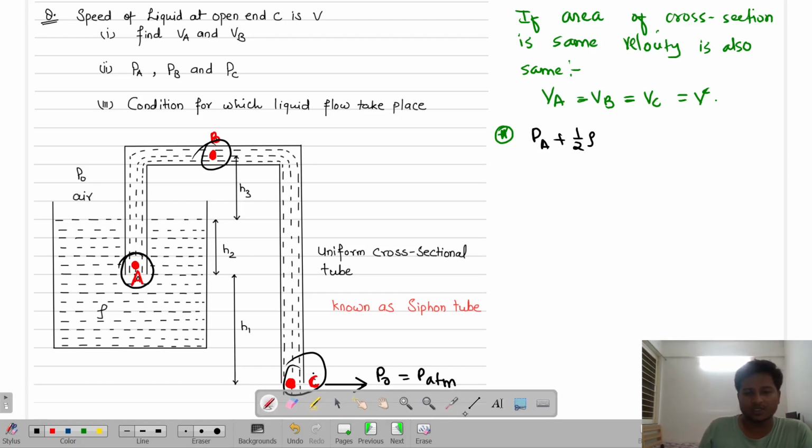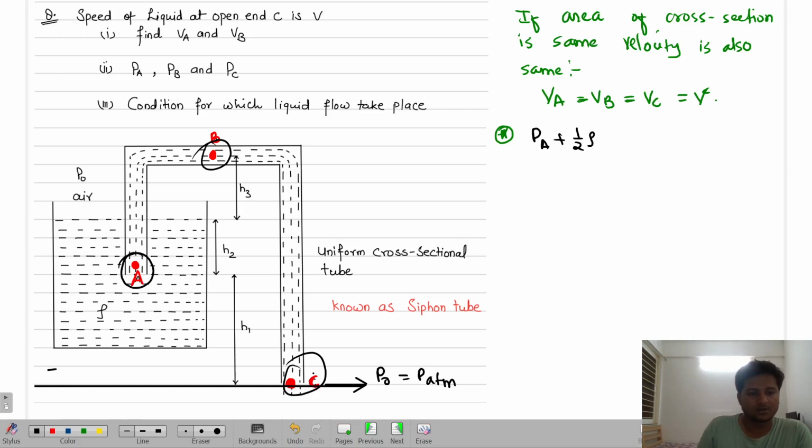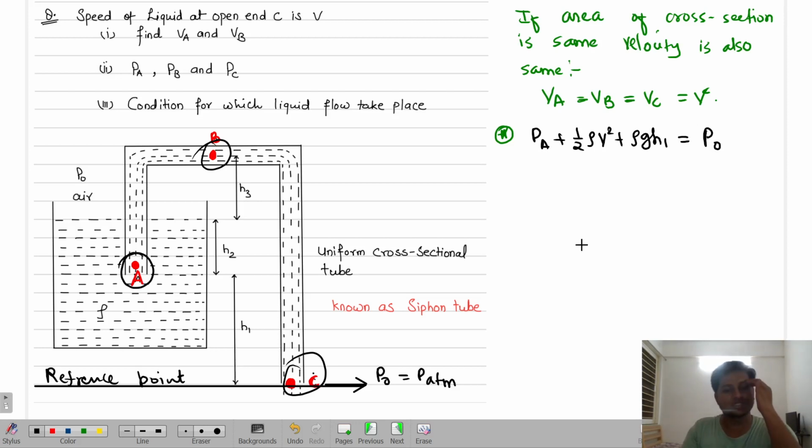So you want to make C your reference point, means this line as your reference point. Then point A is located at height h1. So half rho v square plus rho g h1 is equal to P naught, atmospheric pressure at C.